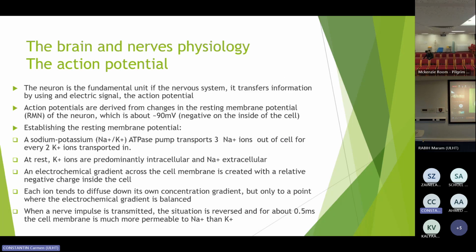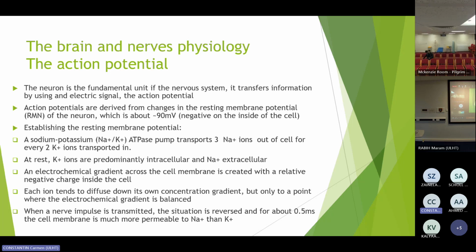A bit of physiology, and I'm not going to bore you too much before we start with the TI presentation. You know that the neuron is the fundamental unit of the nervous system, and it transfers information by using an electric signal, the action potential.